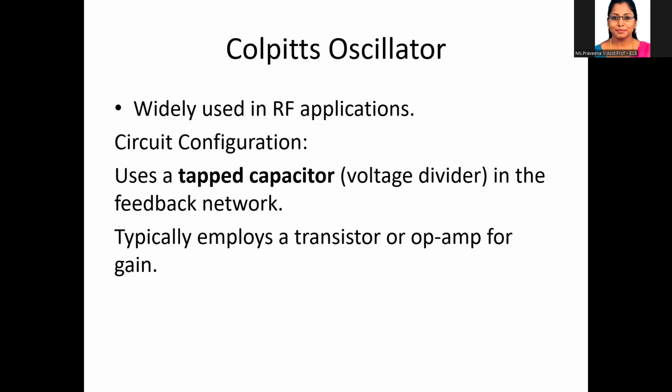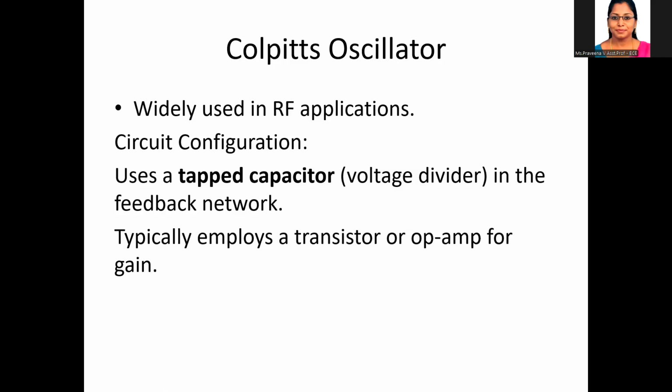We have to remember that the Colpitts oscillator is an LC oscillator, consisting of both an inductor and capacitors. The circuit consists of an inductor, two capacitors, and an amplifying device such as a transistor or op-amp, that is, an operational amplifier. The capacitors act as a voltage divider and feed a portion of the output signal back to the input.